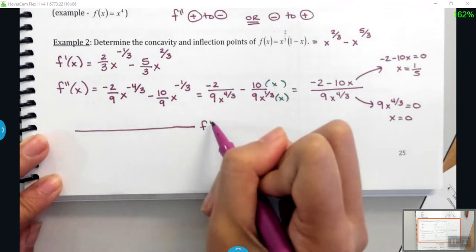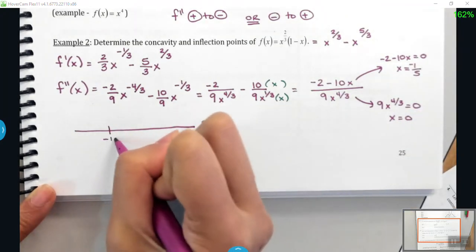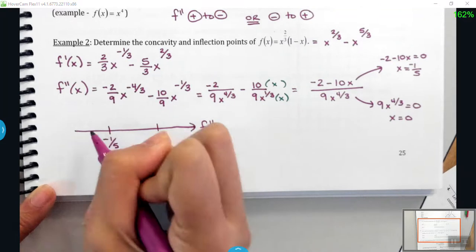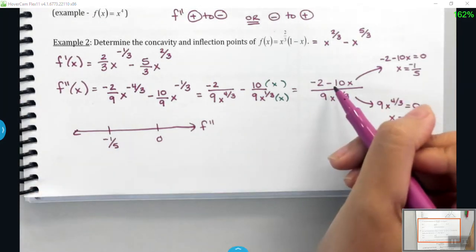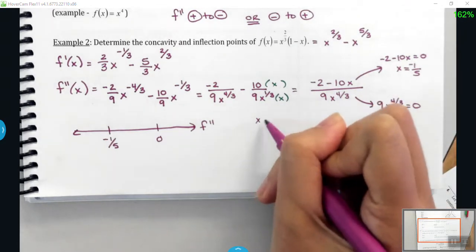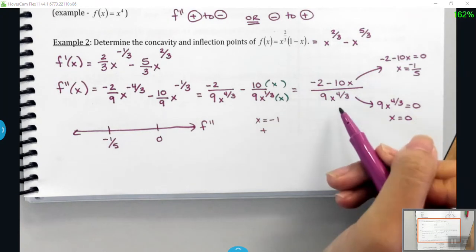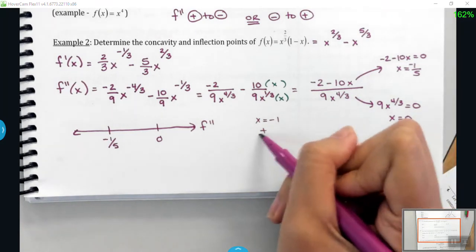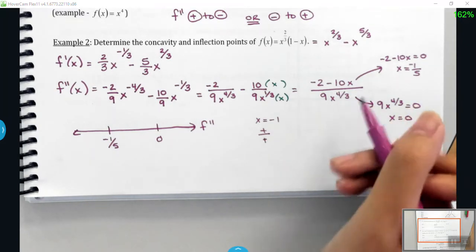Okay, F double prime, number line. Negative 1/5 and 0. All right, pick a number less than negative 1/5. Okay, x equals negative 1. So negative 1 would make positive over positive, because negative 1 to the 4th would make it positive, and even if you cube root, that's positive.